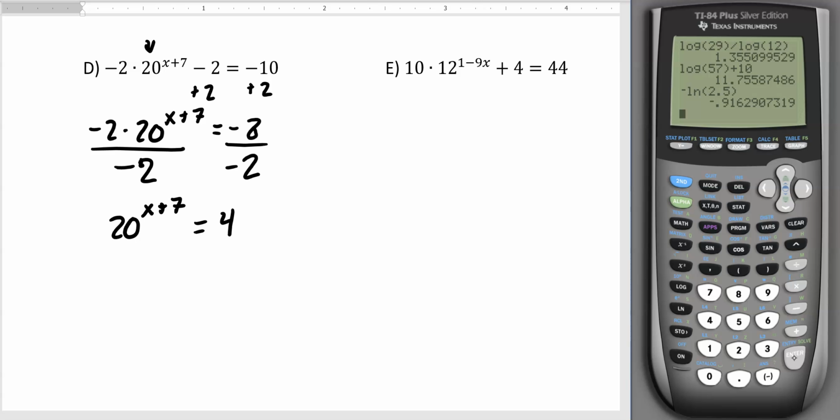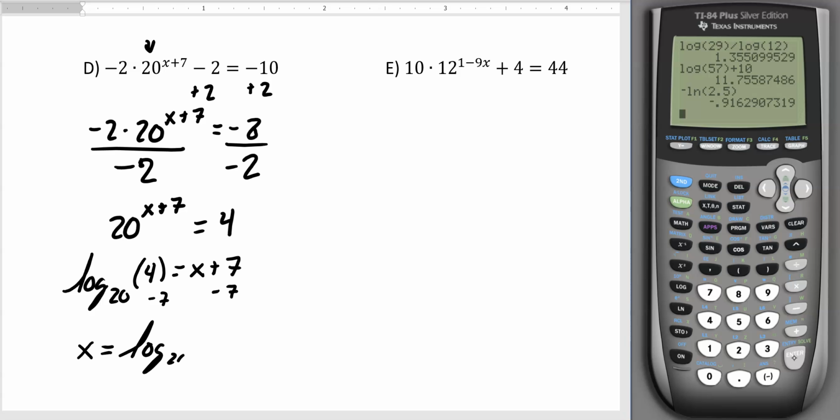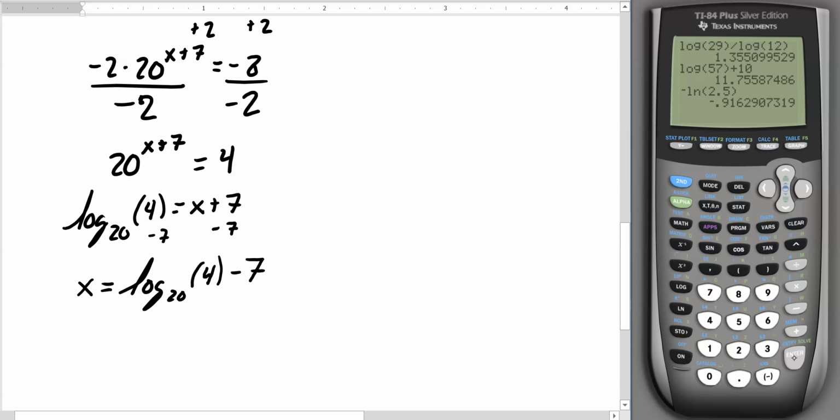Now, this is something I can write as a logarithm. I would say log base 20 of 4 equals x plus 7, and then I can subtract 7 from both sides. So I'll say x equals log base 20 of 4 minus 7. Now let's figure out what that equals in our calculator.